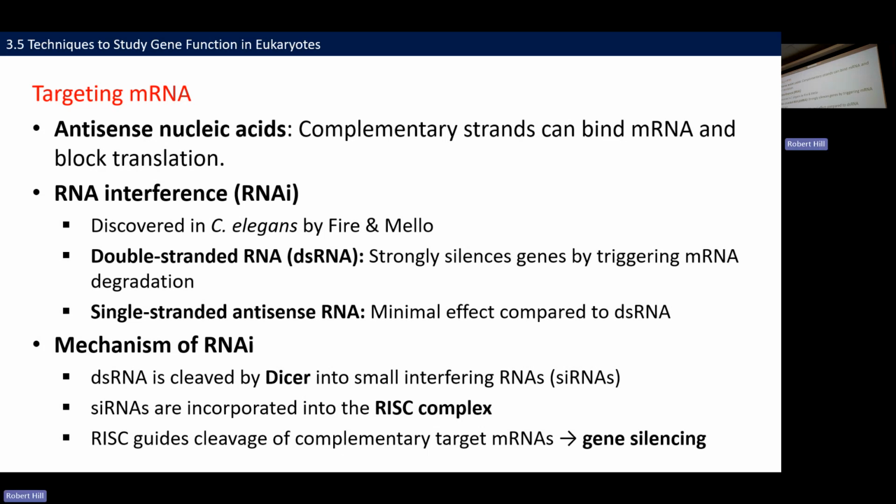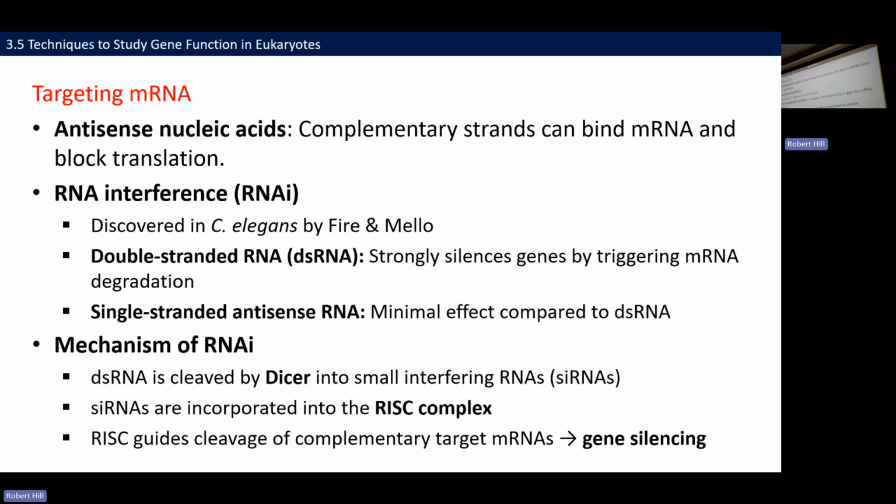Okay, so that was all targeting the gene in the genome. But other ways to study gene function are to target the transcript, which is what gets produced after transcription from the genomic DNA, the mRNA. One way to do that is the use of antisense nucleotides.